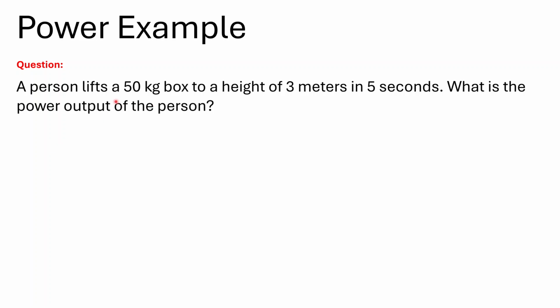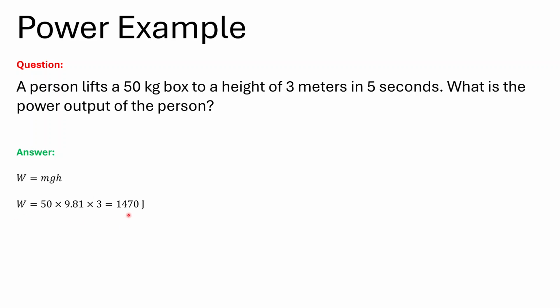Next question. A person lifts a 50 kilogram box to a height of 3 meters in 5 seconds. What is the power output of the person? So in this question, the amount of work is not given to us. So we have to calculate that first. W, which is work, equals mgh. Therefore, W equals 50, which is the mass, times 9.81, which is g, times 3, which is the height.